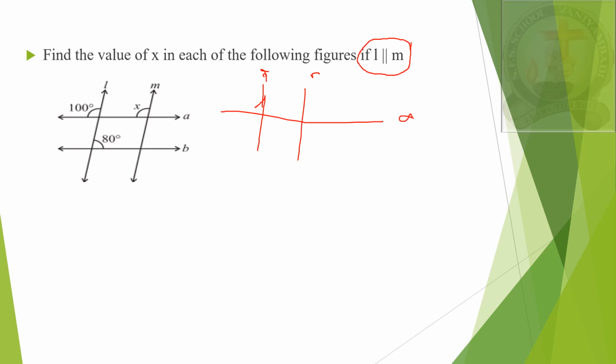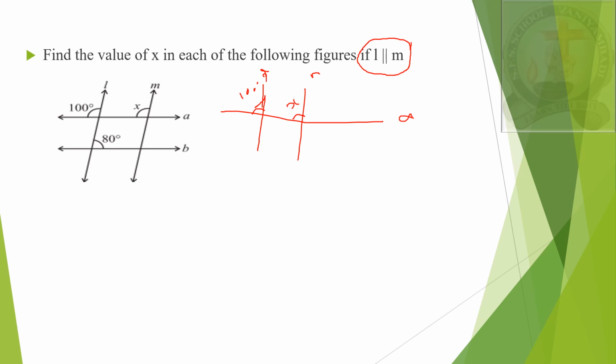In the transversal line, this is 100 degrees, same diagram I am drawing like this, and x. Now, x and 100 degrees are corresponding angles because they have different vertices and they lie on the same side of the transversal line.